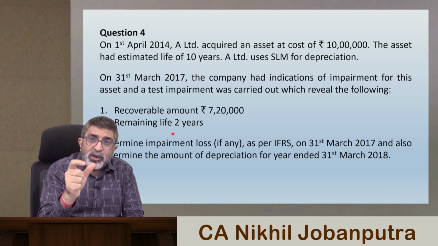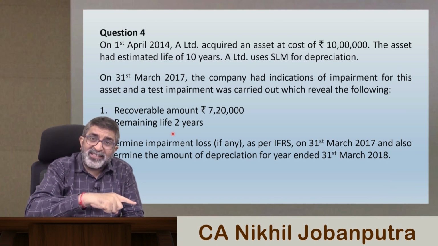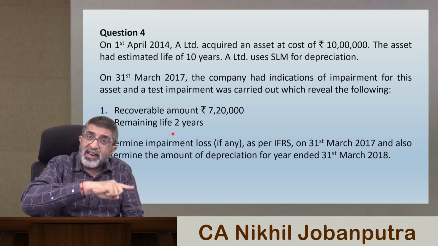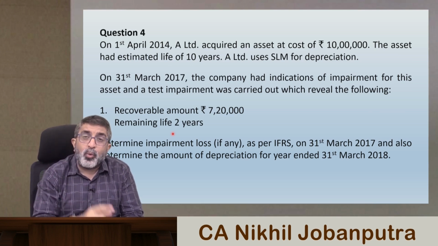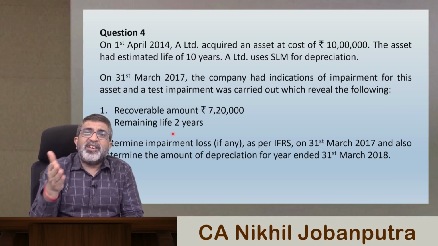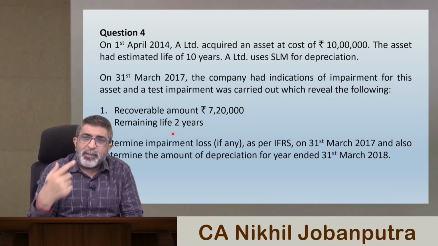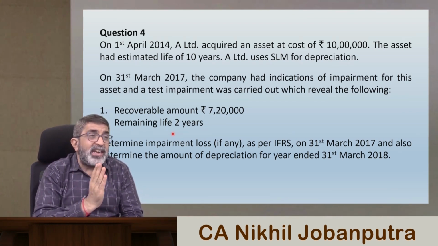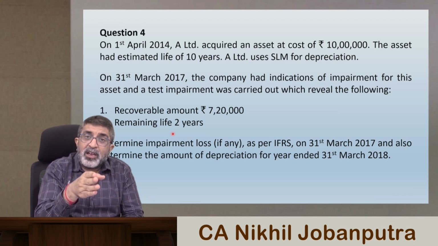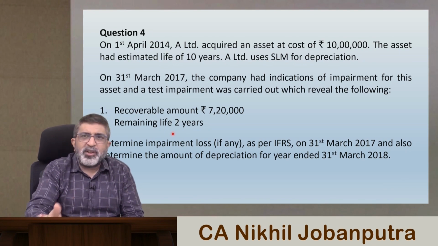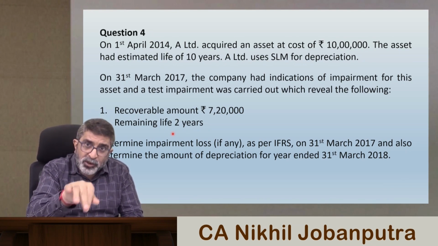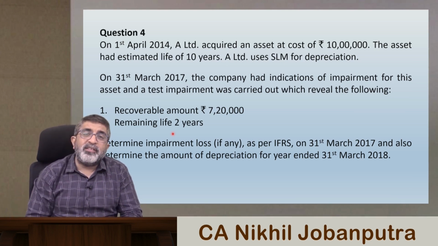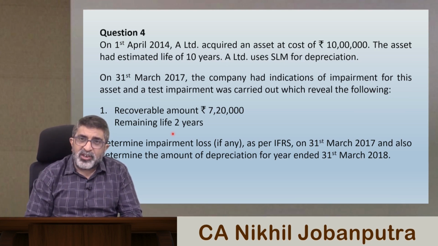So your annual depreciation, what you have assessed earlier as per original estimates, and your revised depreciation for the coming year will be different. And because it is a change in accounting estimate, you are not supposed to give any retrospective effect. The changes will be reported prospectively from the date of change. That means nothing has to be reworked for the current year. All your workings will be done from the next year onward.